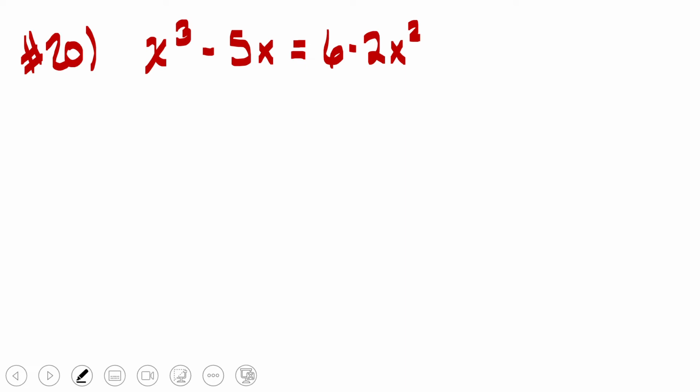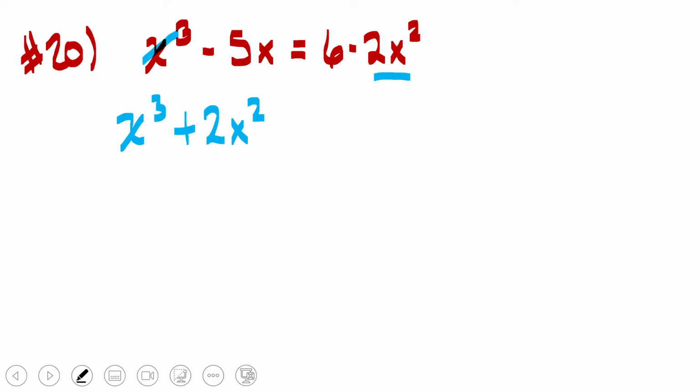So if we put that in the form of a polynomial in descending order, that'll be on one side of the equal sign, equal to 0. So we're going to pick up our highest degree term, that's x cubed. We see now we have a 2x squared. That's minus 2x squared. We're going to add 2x squared to both sides. So it'll be 2x squared on the other side of the equal sign.